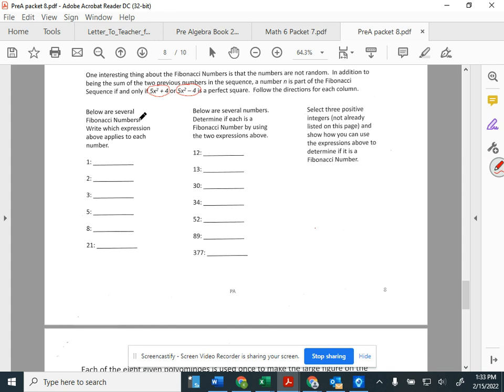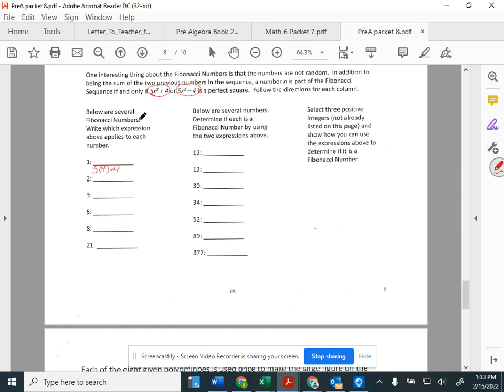So if we look at, let's use 2, which of these expressions applies? 5x squared plus 4 or 5x squared minus 4? So the x is the 2. 2 squared is 4, and 5 times 4 is 20. I'm using the formula up here. 5x squared plus 4, the x is going to be the number on the side.